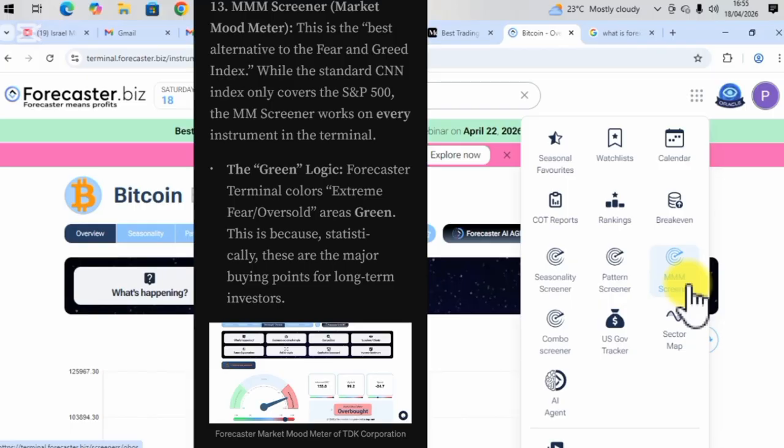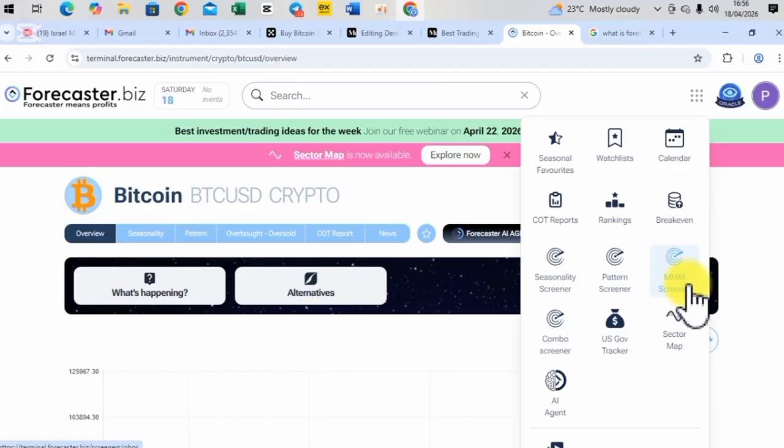For example, the Forecaster terminal colors extreme fear, oversold areas, as green. Okay, this is because statistically these are the major buying points for long-term investors. I hope you have seen something where we have the oversold region and the overbought region using the RSI indicator. So this one is bringing the same idea under what we are calling the MMM screener.